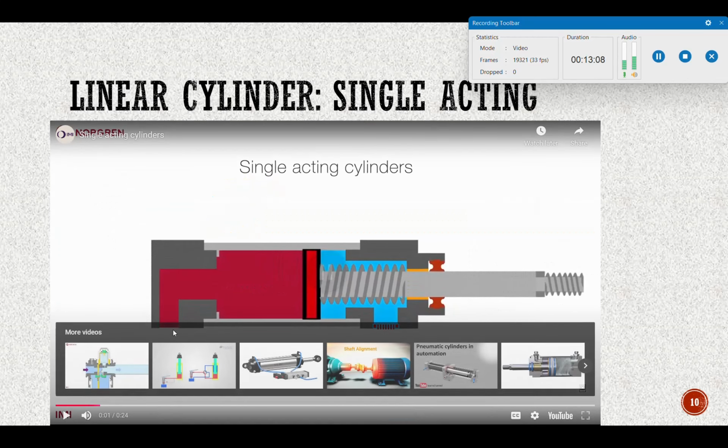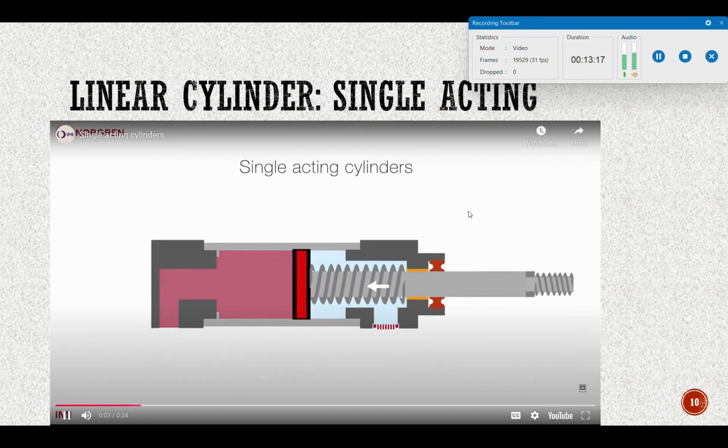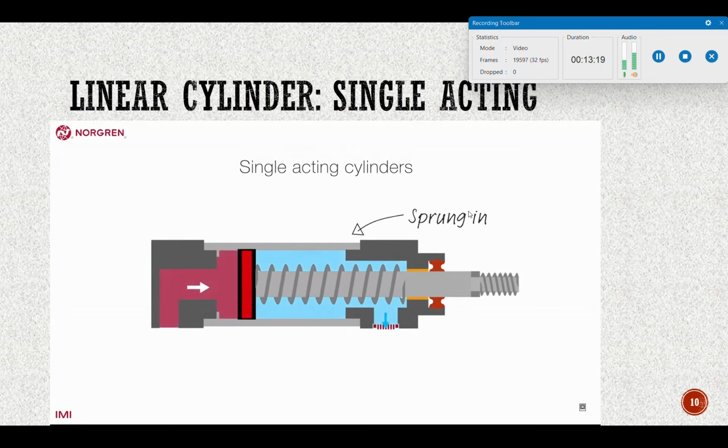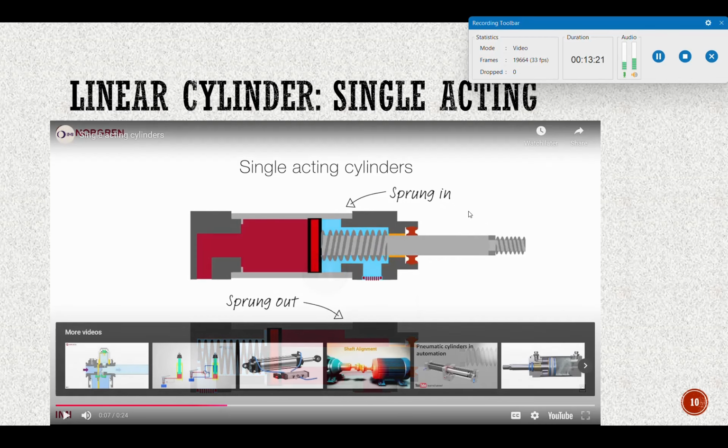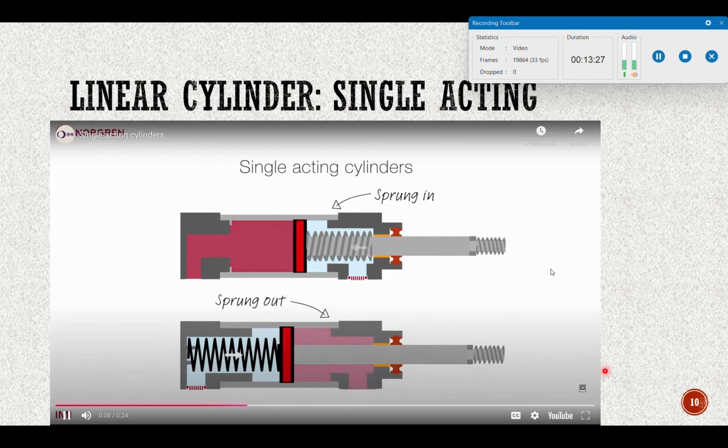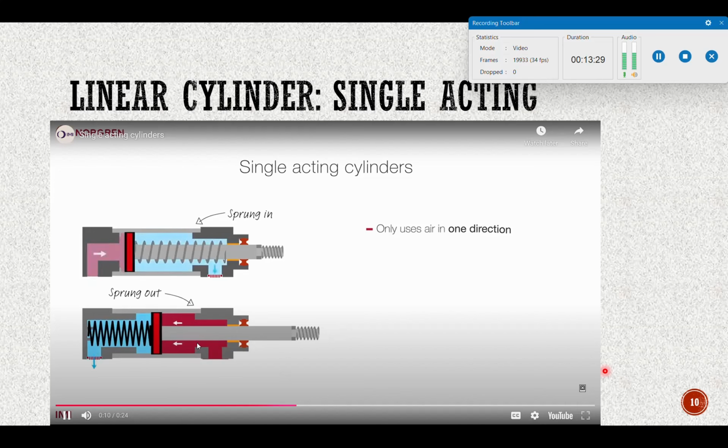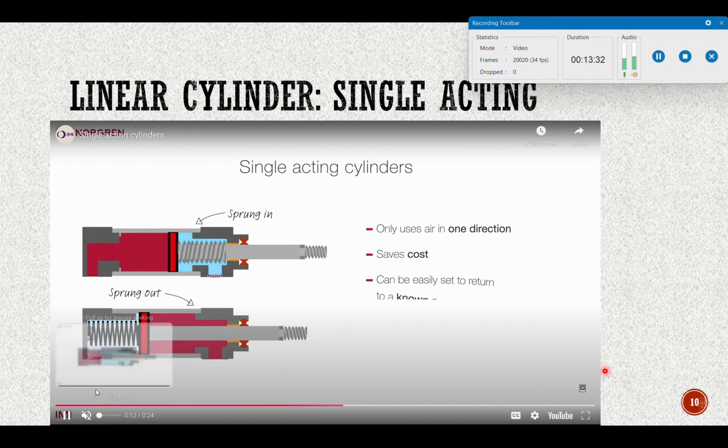Single-acting cylinder. So this is a normally retracted cylinder. It has a power stroke in one direction only, either sprung in or sprung out. The simple design only uses air in one direction, saving cost.